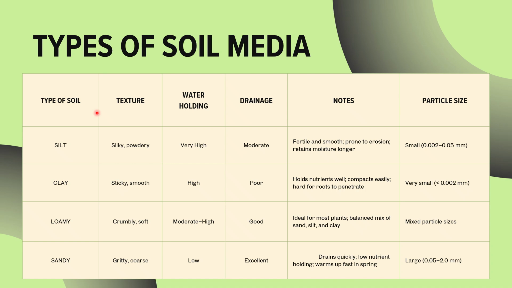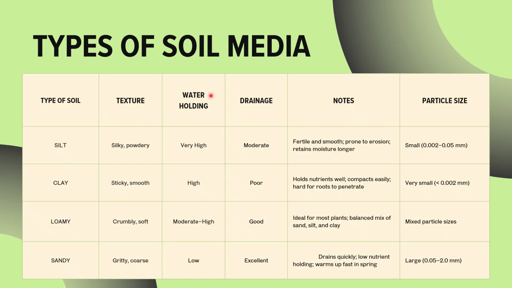You will have an opportunity, or already had the opportunity, to feel these for yourself, feel the texture, witness the water holding and drainage, and write down what you observe. The particle size will be given by your teacher, which is me or any other teacher who may use this video.